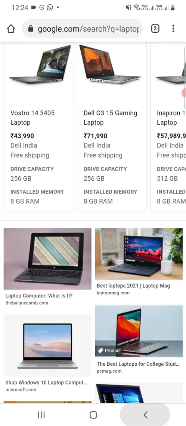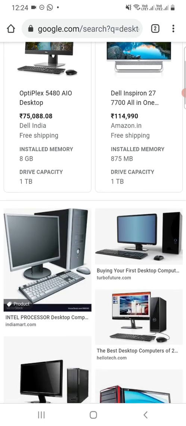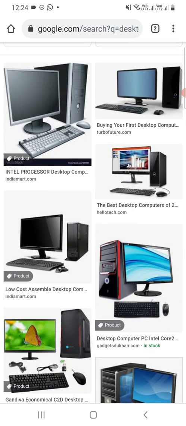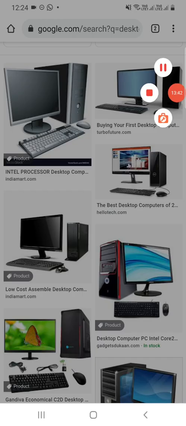Next, that is our desktop. Yes, you can see these are the machines called desktop computers. So there are three types of computer we have: desktop computer, laptop computer and palm top computer.